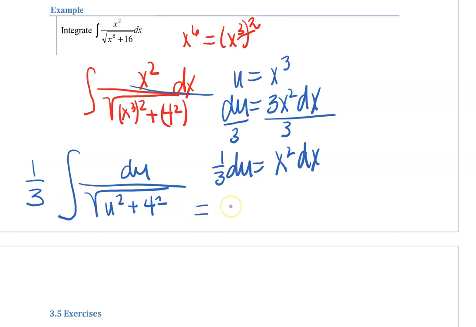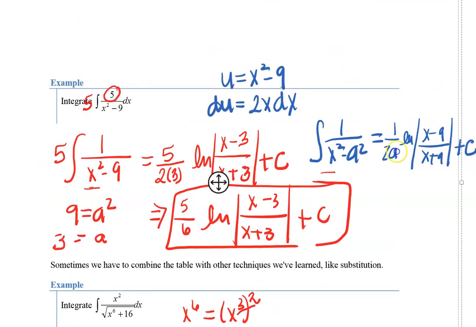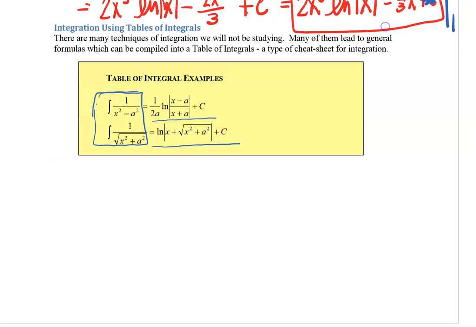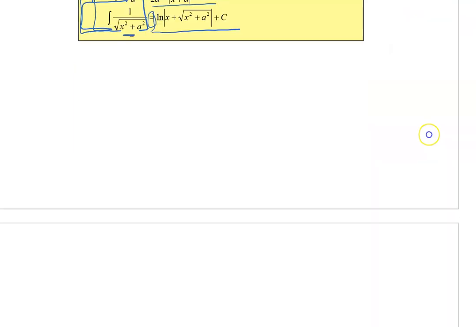And so I'm going to say, okay, well then that would be 1/3 from the problem. And then looking at the previous table, going all the way up here, let me show you what I'm looking at. We're working with this one now because I have a plus sign underneath that square root. So you can see I'm not going to have a coefficient like I did in the previous one, and I'm going to have this solution.